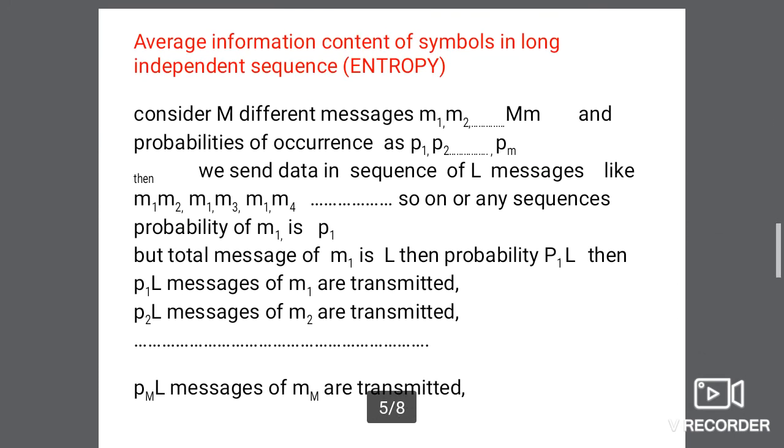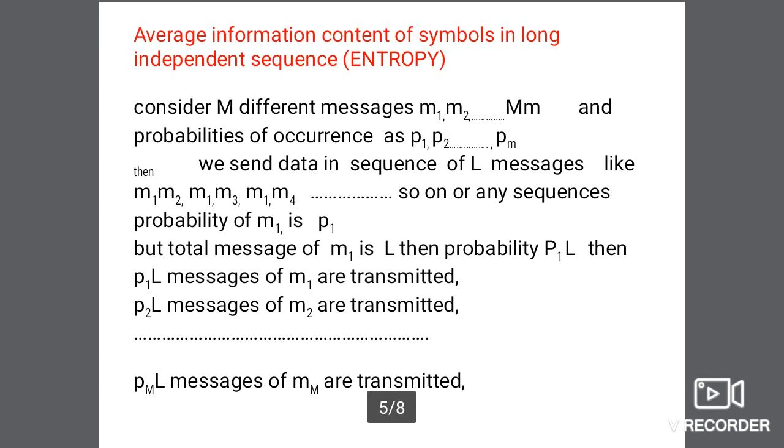Here it is very important. Average information content of a symbol in a long independent sequence is called entropy. To understand the concept of entropy, consider we have m different messages like m1, m2, up to mm. Then the probabilities of occurrence of the messages are p1, p2, p3, up to pm.